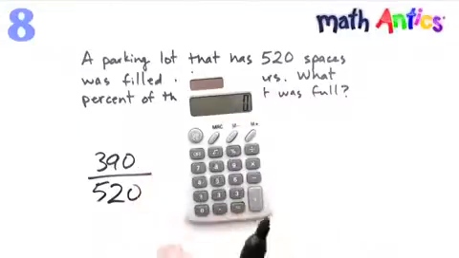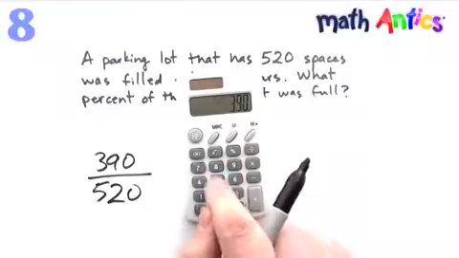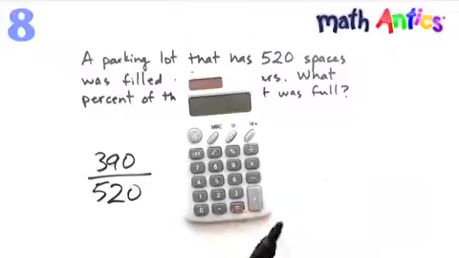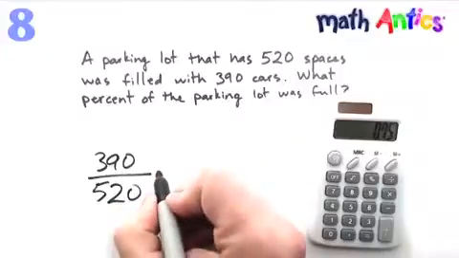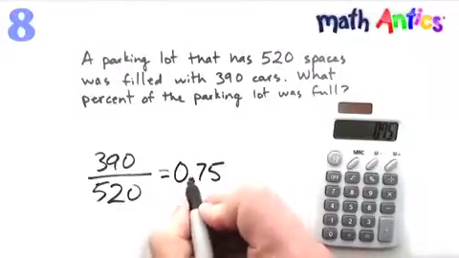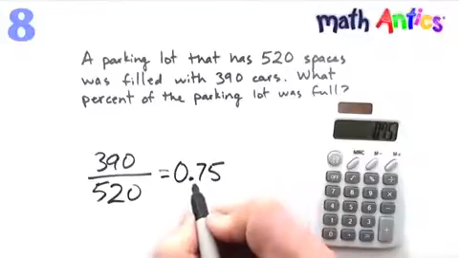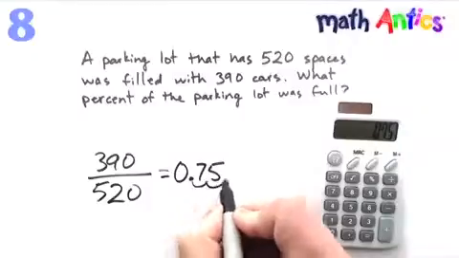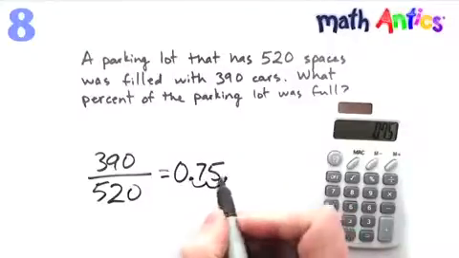All right, so 390 divided by 520 equals 0.75. All right, so 390 over 520 equals 0.75. And to find the percent form of this, all we have to do is move the decimal point 2 places to the right, which is the same as multiplying it by 100.